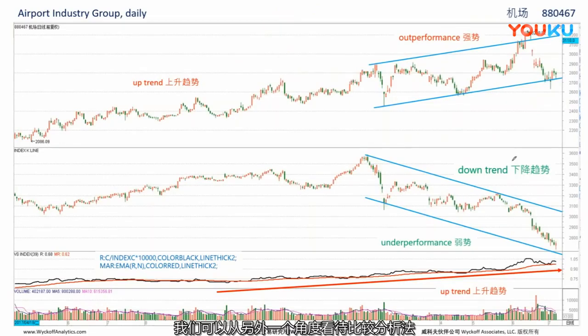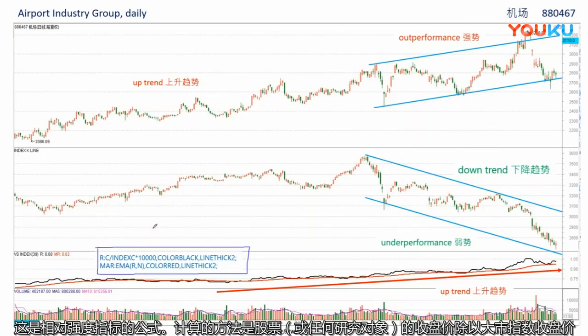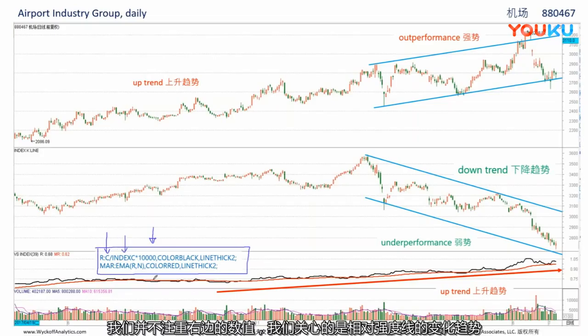Well, there is another way for us to think about the comparative analysis. It's the relative analysis, and the relative analysis is just a modern version of the comparative analysis. We are looking at the relative strength line. Here is the formula that he gave us to construct the relative strength line. It is the symbol of a stock or an industry group or a sector, whatever you want to put in there, divided by the price of the index.